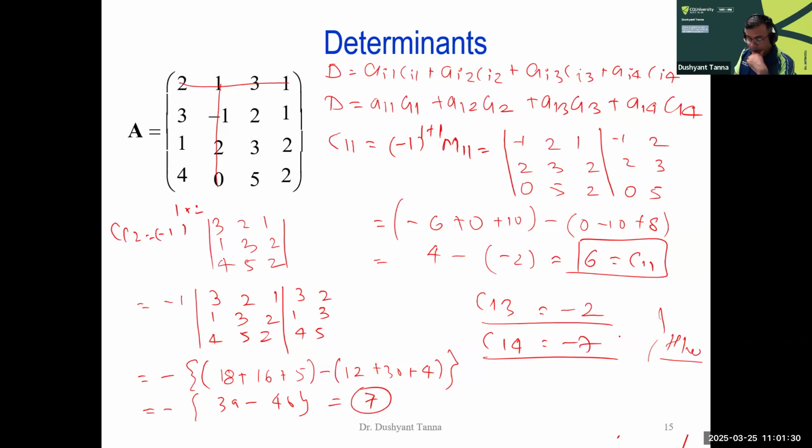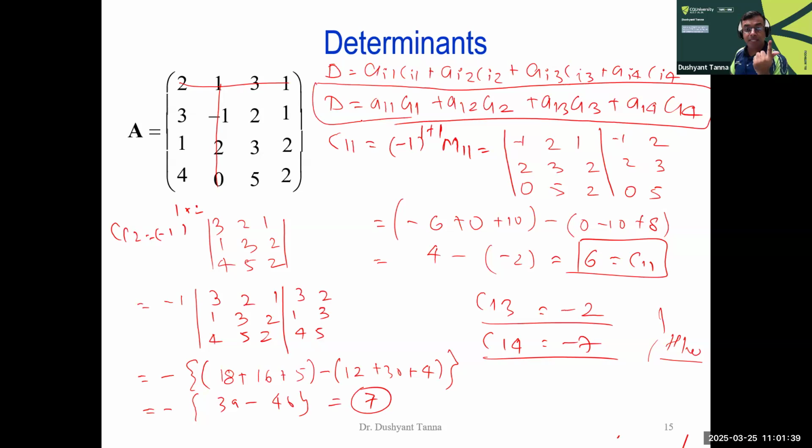So what we do, we use this equation, plug in all the values of C11, C12, C13, C14, and we get our final answer for the determinant.